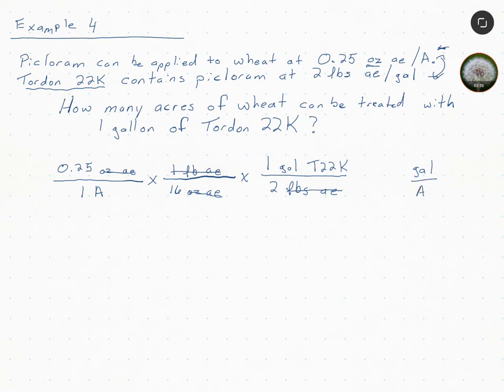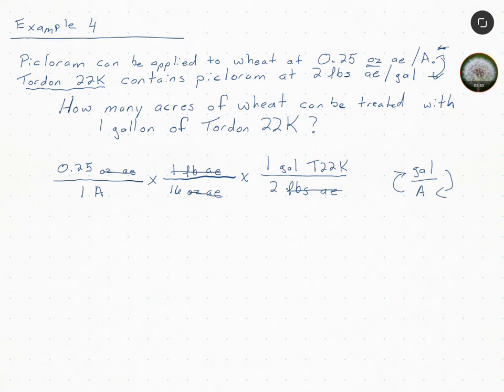But that isn't quite what we want for this particular problem. What we want is how many acres per gallon. So what we actually want is to switch these units. Instead of gallons per acre, we want acres per gallon, acres treated per gallon of product.